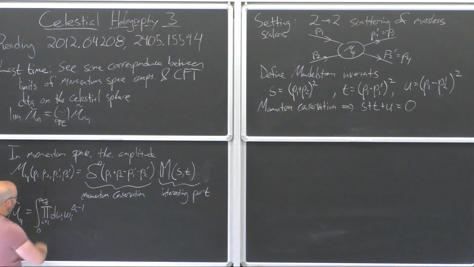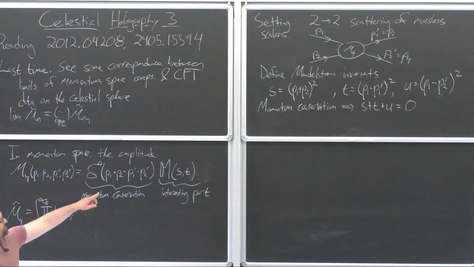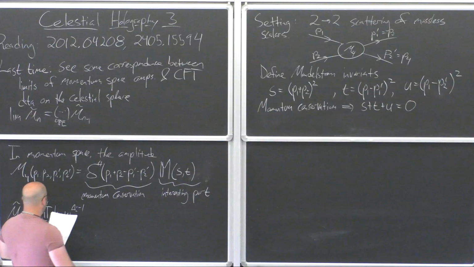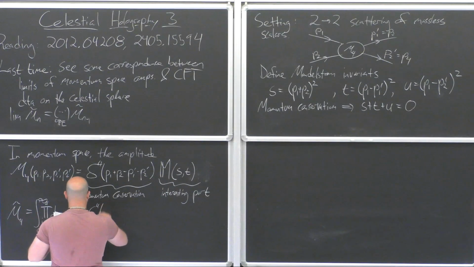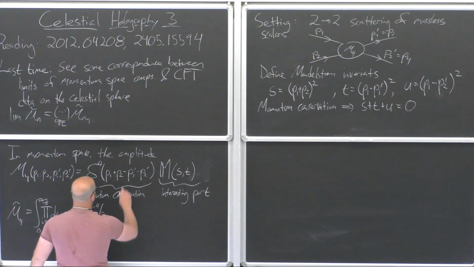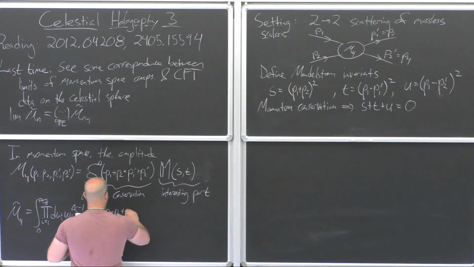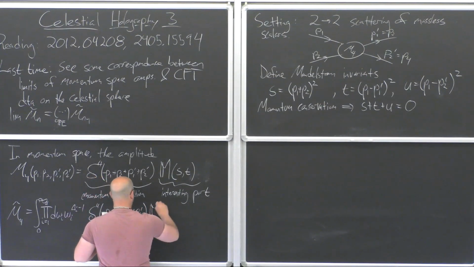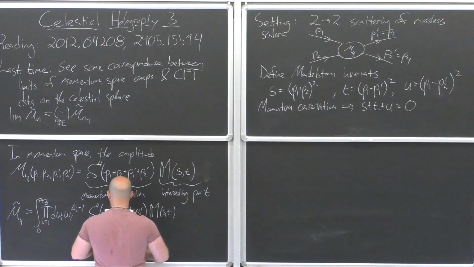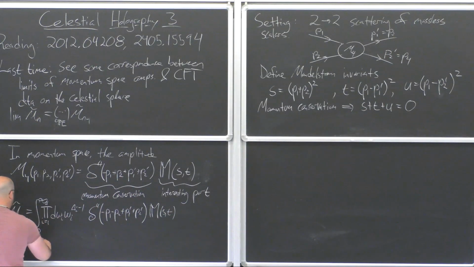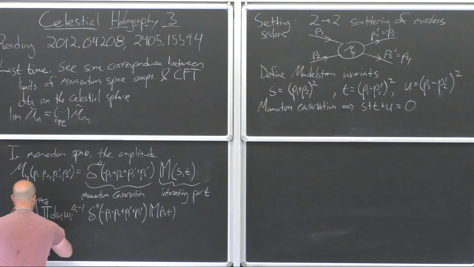So here, i equals 3 and 4, these are the 2 outgoing guys. I have my delta function. Sorry, let me be consistent with signs everywhere. Incoming guys have a minus. And just rewriting things slightly.